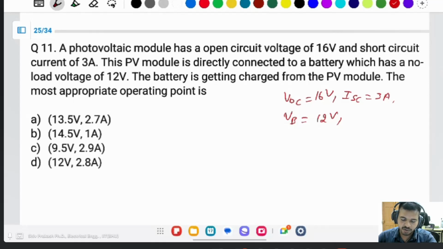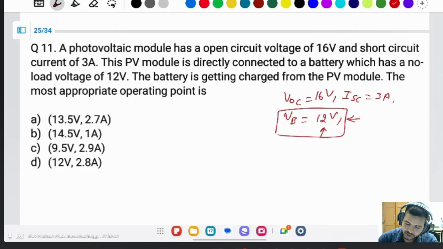This is not mentioning the C rate and capacity of this one. Then the most appropriate point you should use is above the no load voltage of the battery, 12 volt. For charging a 12 volt battery you can't use a 12 volt power supply or lower.